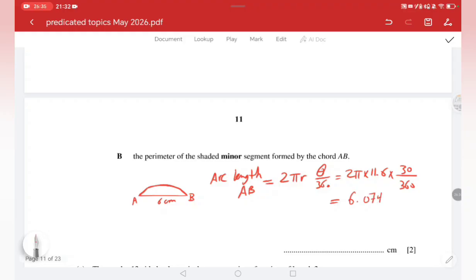So this one plus the 6 centimeters, it should be 12.1 if you round to 3 significant figures.